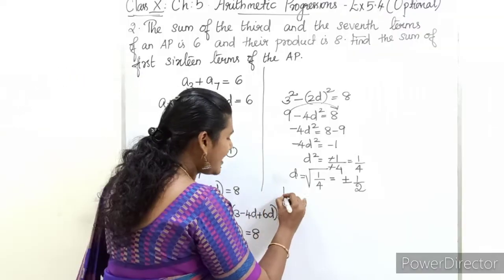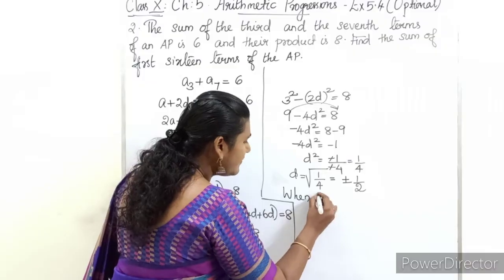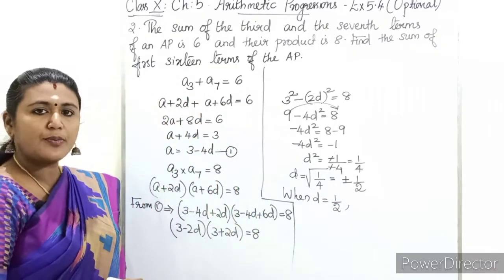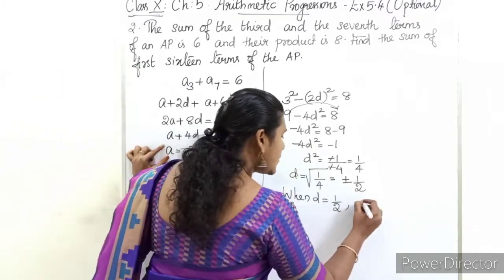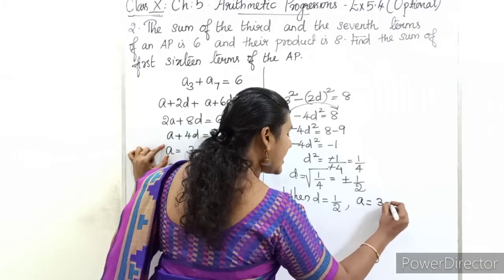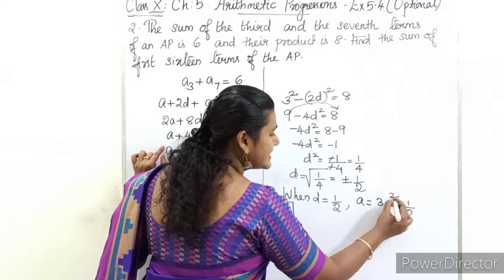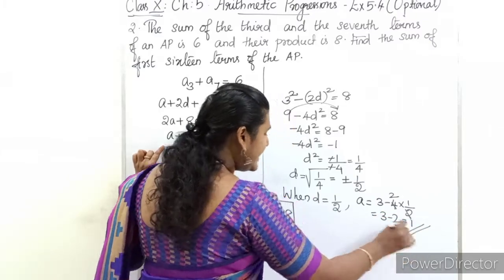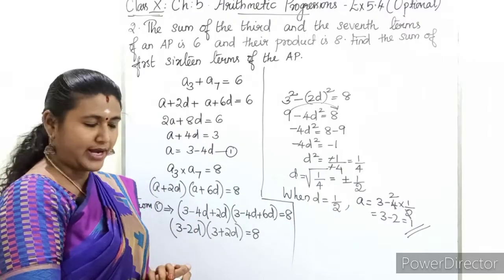So first we will take the positive value, when D is equal to 1 by 2. If we are taking D is equal to plus 1 by 2, what is the value of A we will calculate. So A is equal to 3 minus 4 into 1 by 2. So here we can cancel. So 3 minus 2 is equal to 1. So when D is equal to 1 by 2, the value of A is equal to 1.